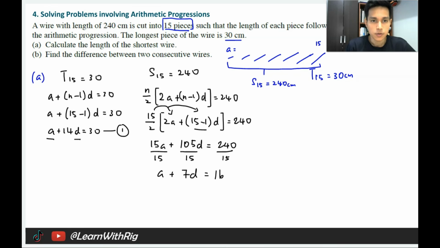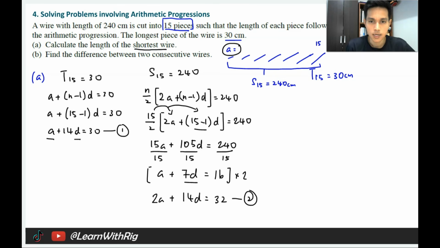If you notice, you want to find the shortest wire, correct? The shortest wire means, like I said, the a value. So since you want to find the a value, you have to eliminate the d value. In this case, I'm going to multiply the whole equation by 2 so that I make the d value the same. Then I can eliminate them. So you get 2a plus 14d equals 32.